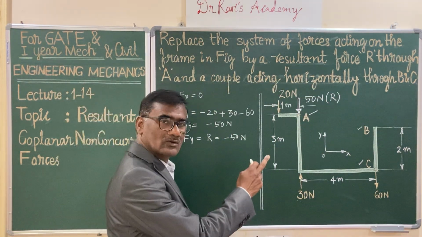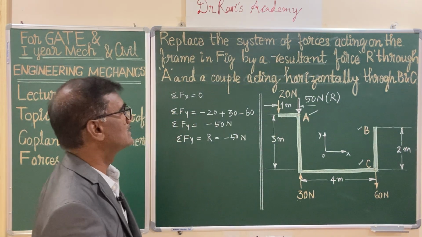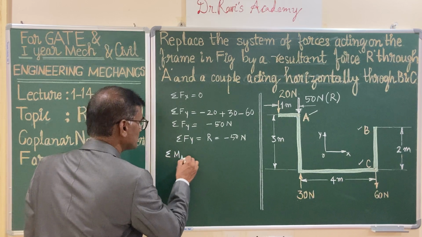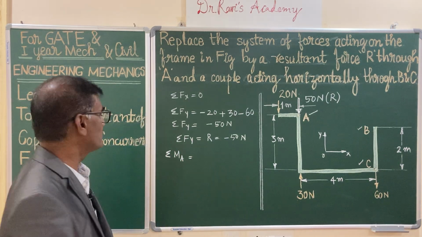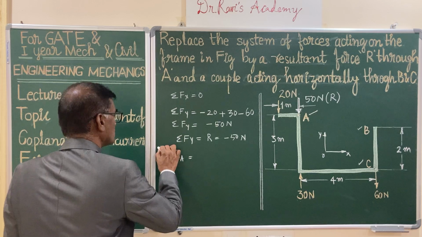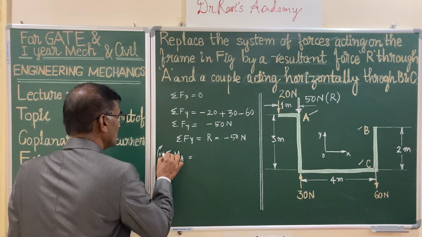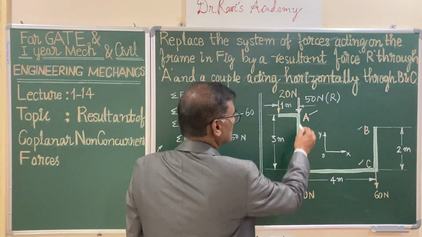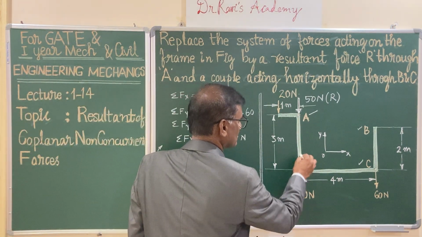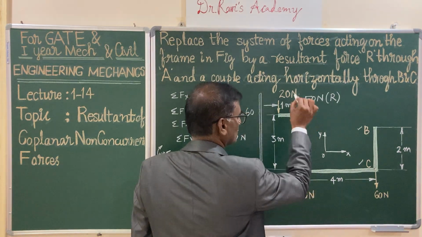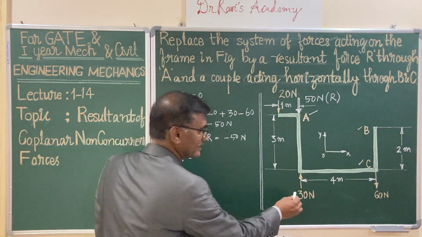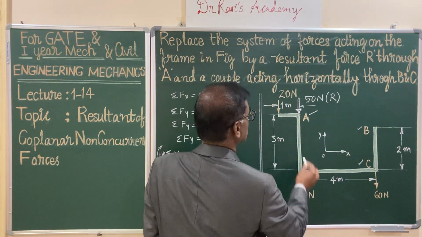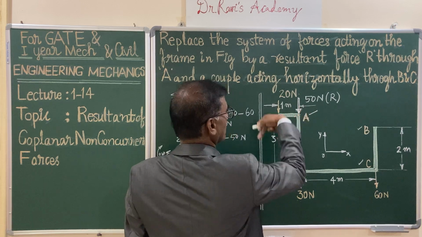Now let us write down the moment sum about point A. I am writing sigma MA is equal to, using a sign convention, clockwise moments are positive. Let us see, you select A as the moment center, 30 kilonewtons is passing through this particular point, so there is no moment contributed by 30, and you have only 20 and 60. So 20 is contributing anticlockwise.